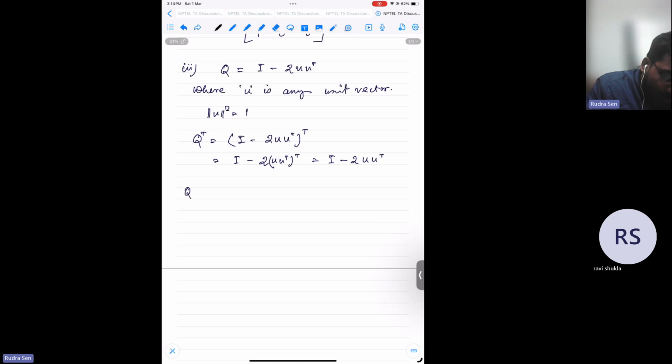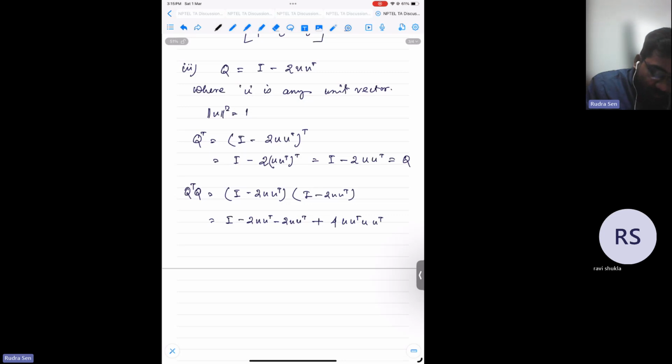So Q transpose Q is I minus 2 u u transpose, multiplied by I minus 2 u u transpose, which is simply Q. I times I gives I, because I square is I itself. Then we get minus 2 u u transpose, minus 2 u u transpose, and 4 u u transpose u u transpose.